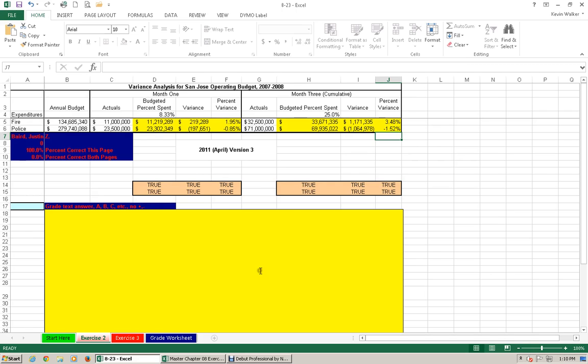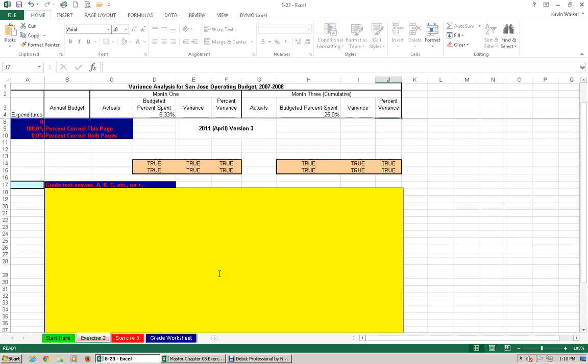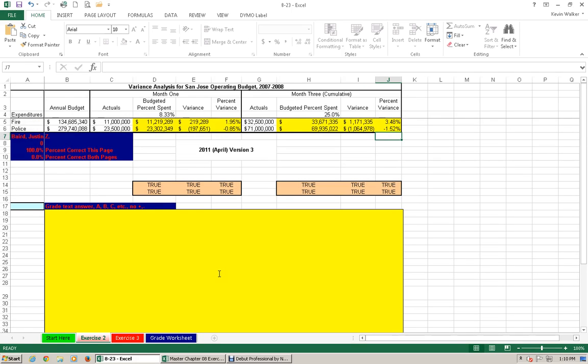Now, the text answer, what they want you to do is explain what's going on. So right now, fire, they actually spent $11 million. They expected to spend $11,219. Police expected to spend $23,500. They actually spent $23,302.